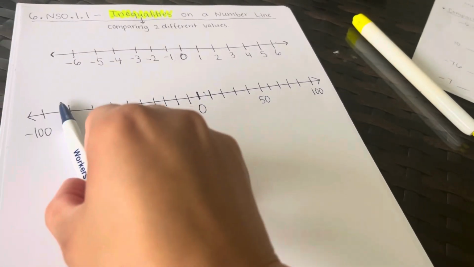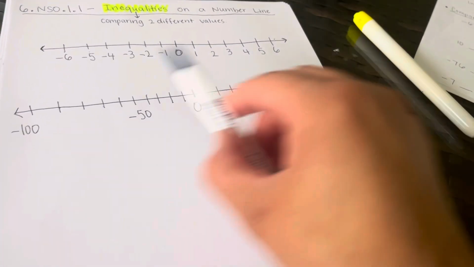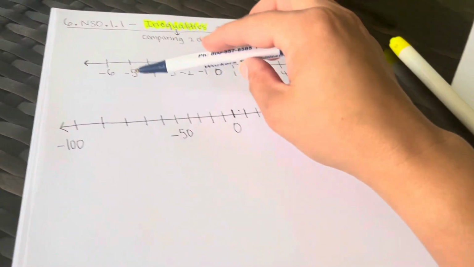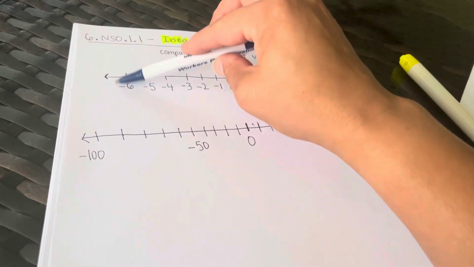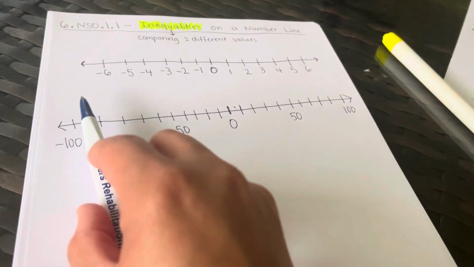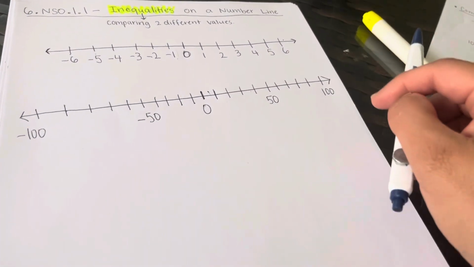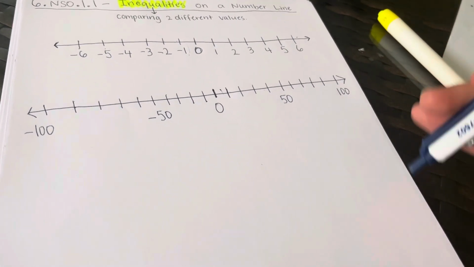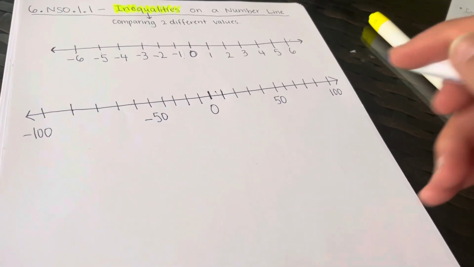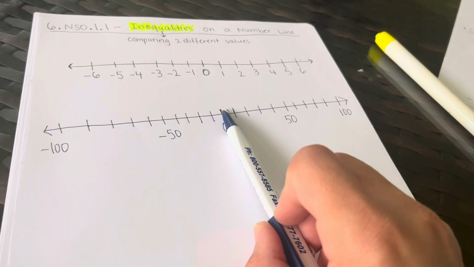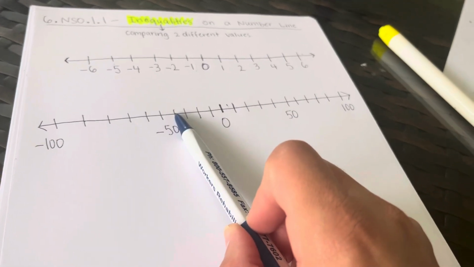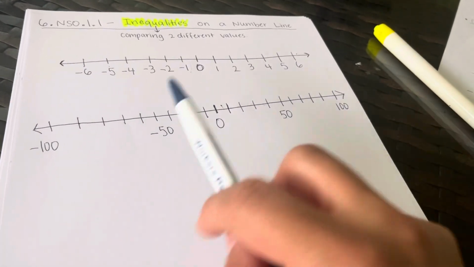The farther right you go, no matter what the starting number is, no matter if the first number is negative 6 or negative 100, the farther right you go, the greater the value of the number actually is, which means that 0 is greater than negative 40 because it's further right on your number line.